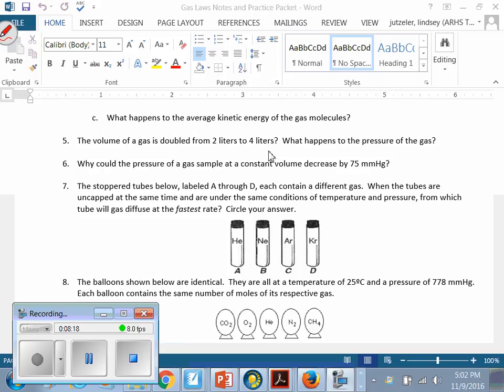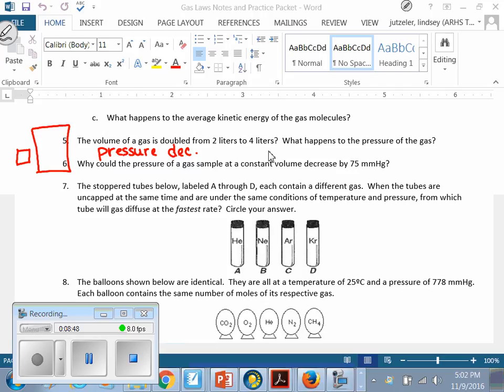If I take the volume of a marshmallow and make it larger, now there's more space for those gas molecules that were originally trapped in that marshmallow. There's more space for them to move. So that would mean that the pressure will decrease, but how much will it decrease by?